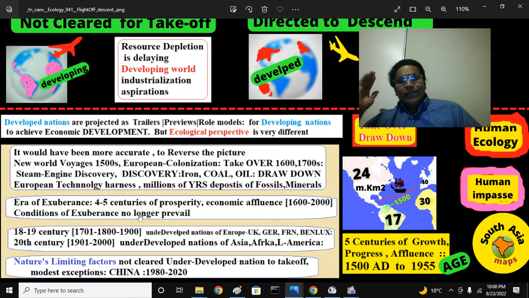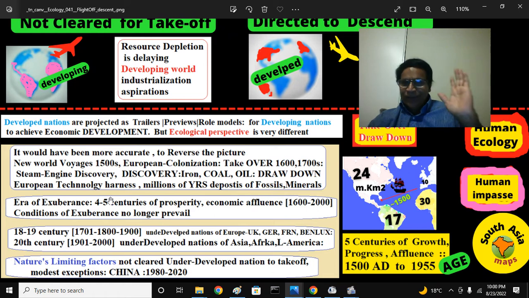That means, let's say from 1500, or you can say 1600, four or five centuries, there is an immense amount of prosperity, economic affluence. Conditions of exuberance prevail. After 2000, no longer does that exuberance prevail.